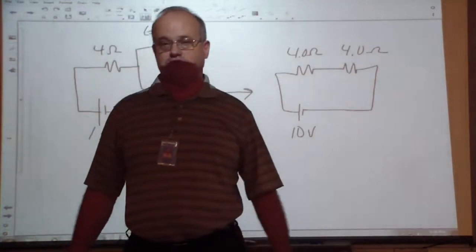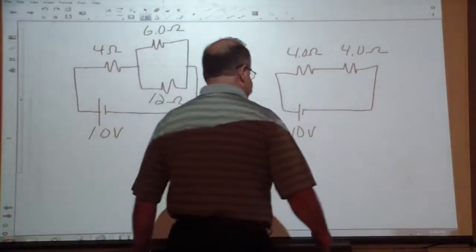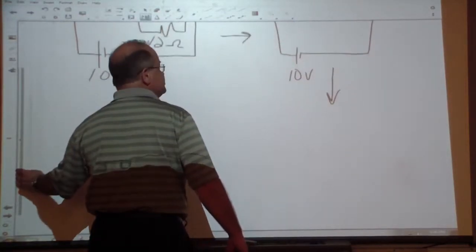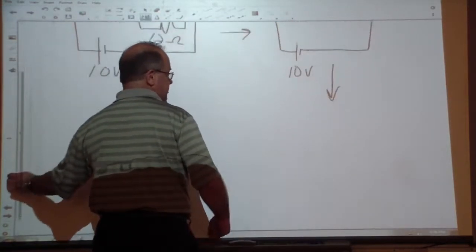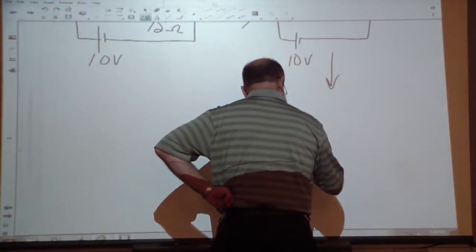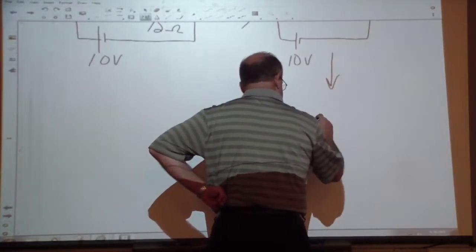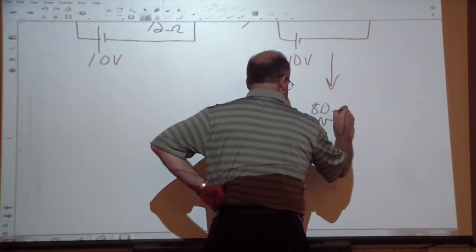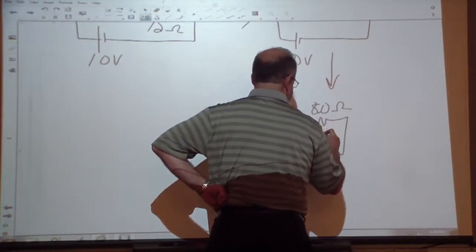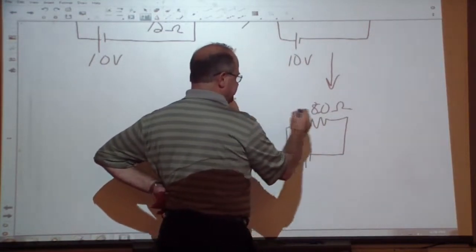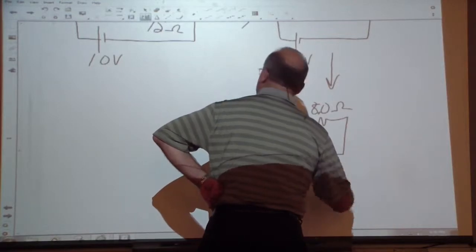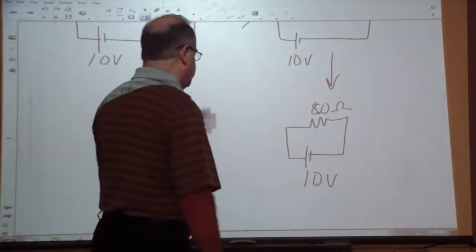They're obviously in series then, right? So let's do that. Okay. So 4 and 4 is 8. So I have this. That's 8.0, guys, in case you can't see it. And it's 10 volts, as I recall. Yep. Now, once again, your R_eq is 8.